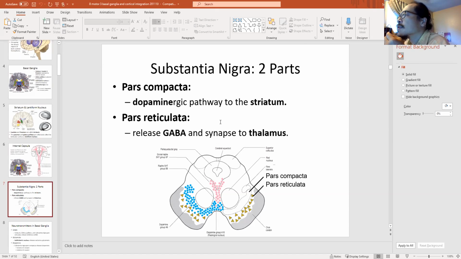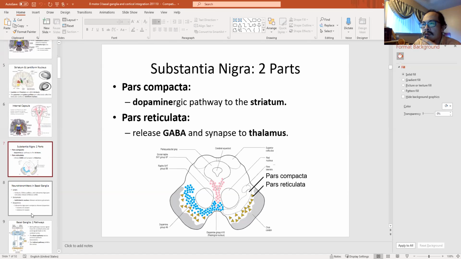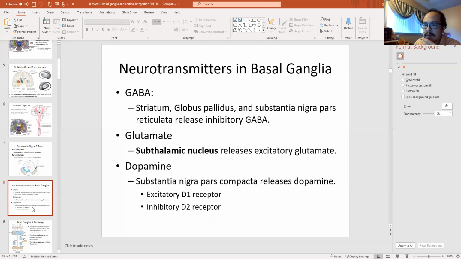All right. So we get the idea that there are different kinds of nuclei and different kinds of neurotransmitter. So what are the neurotransmitters in the entire basal ganglia? Basically, it's not that complicated.